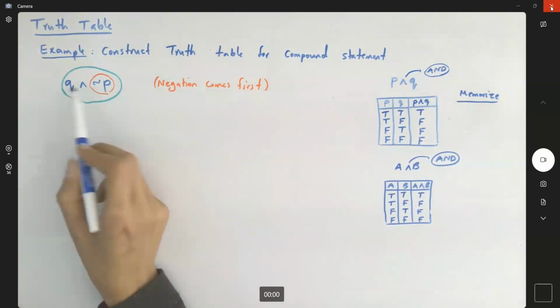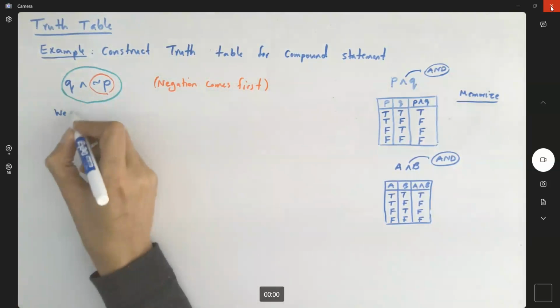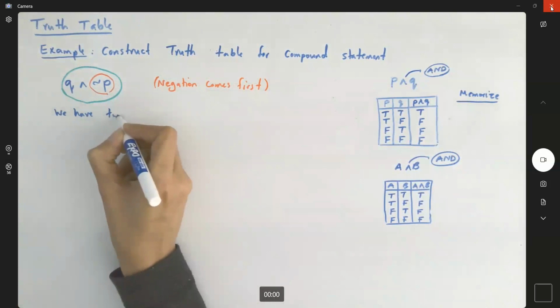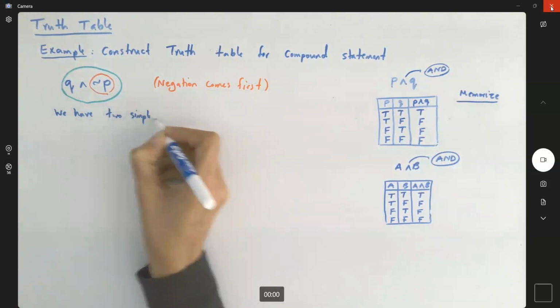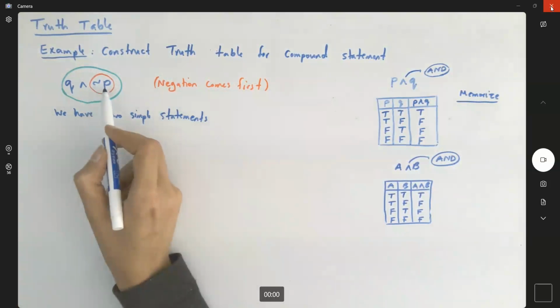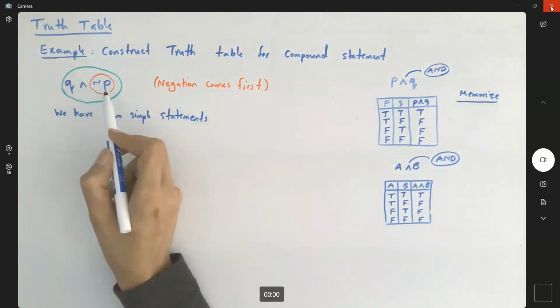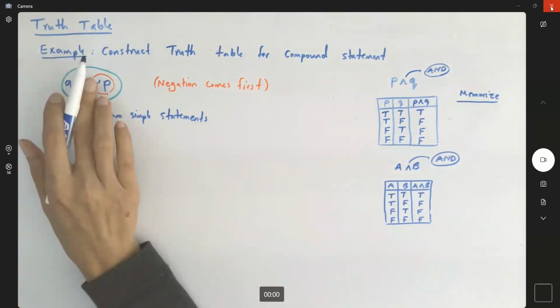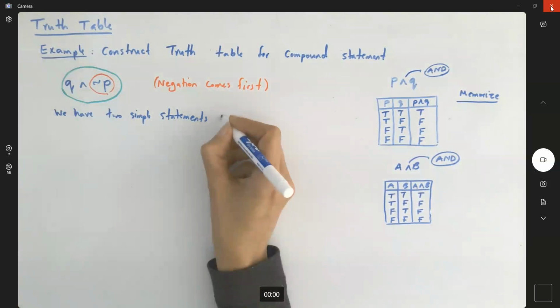You have 2 simple statements. What are they? One of them is Q. Guys, remember that not P is not a simple statement. Q and P are simple statements.